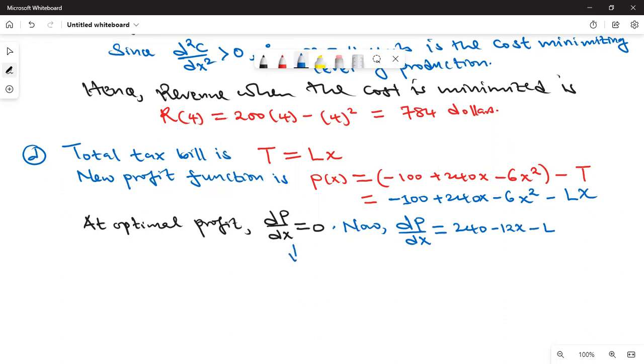Now, when you equate it to 0, what are we going to get? We are going to get 240 minus 12x minus L is equal to 0.